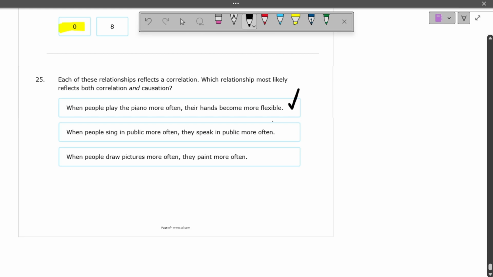Maybe because they are more artistic, they might paint more often statistically, but just because someone's drawing a lot doesn't mean they actually paint a lot either. So that explains why these two are not causation. But again, all three of them do represent correlation, meaning they all kind of make sense together.